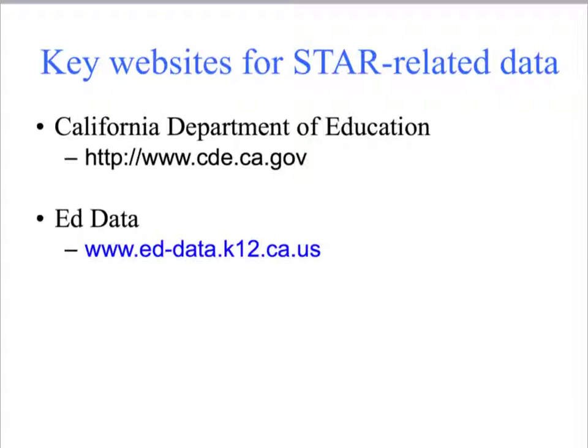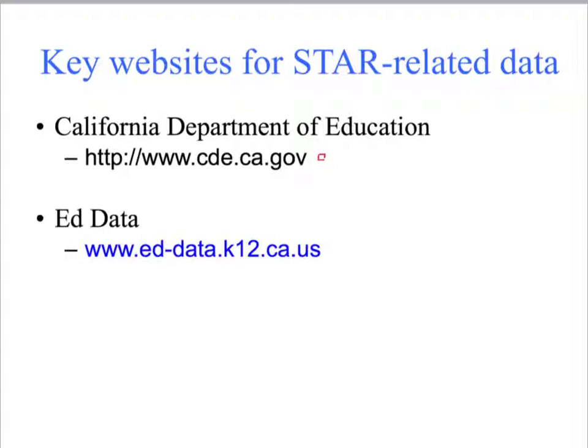Okay, you go to this website and you hover over the testing and accountability button, and then you move on to the academic performance index indicator, then click on API reports, and then choose school reports, and then you can click on your placement school.